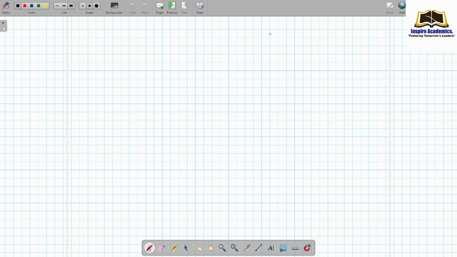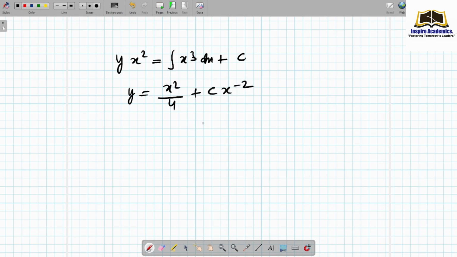Y times IF, which is x square, is equal to integral of x cube dx plus c. So y is equal to x square upon 4 plus c times x to the power minus 2. Okay, so that would be my final solution.